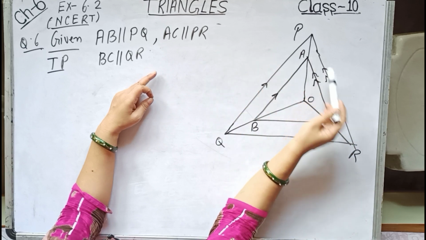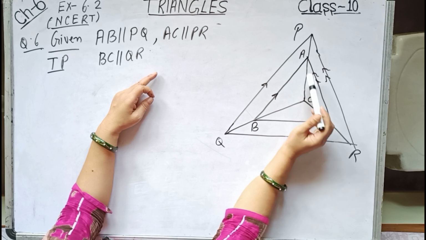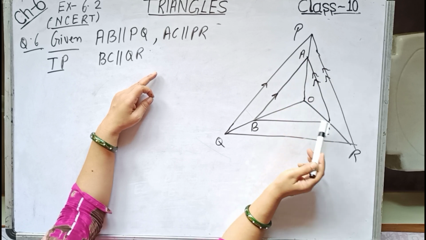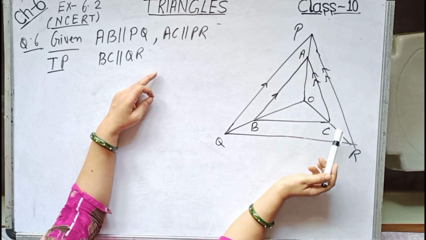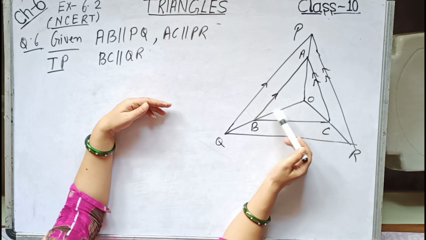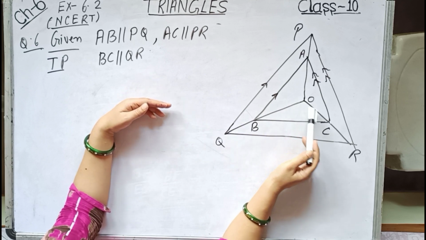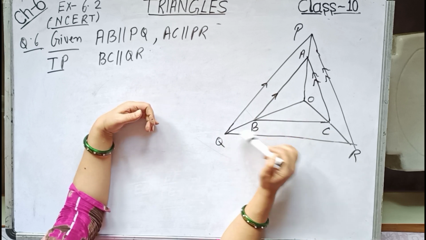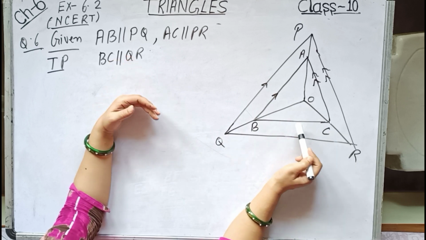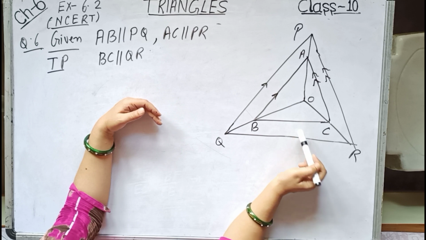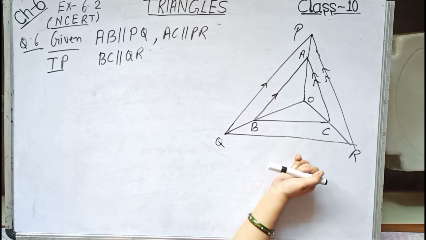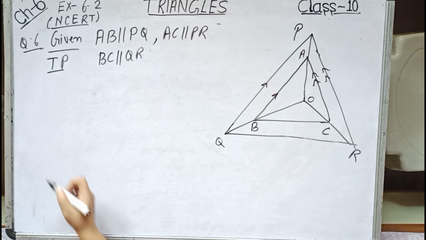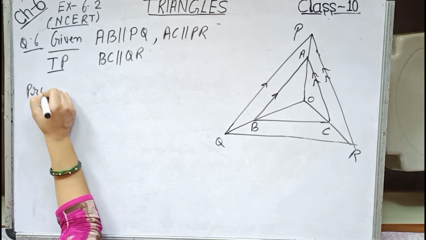In triangle OPR, we can write OA by AP equals OC by CR. So from these two equations we get OB by OQ equals OC by OR, which in triangle OQR, by converse of Thales theorem, gives that BC is parallel to QR, and hence the proof. Let us write it.